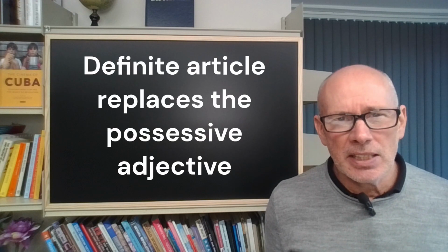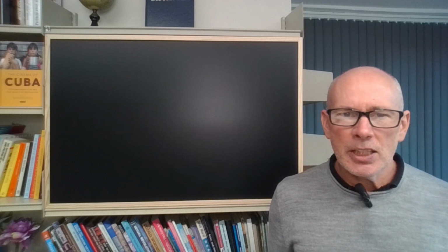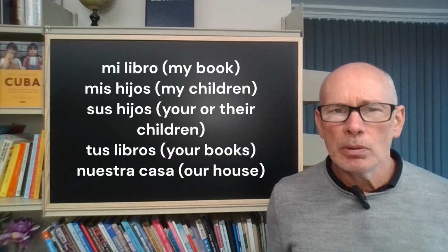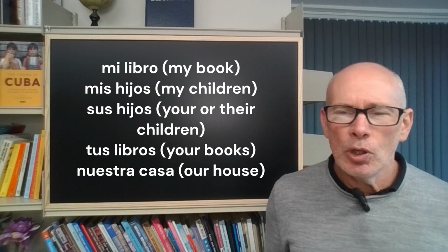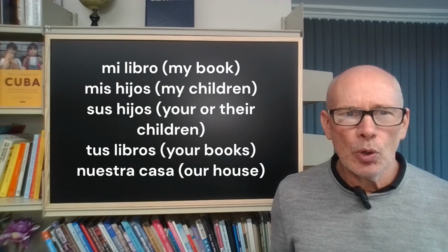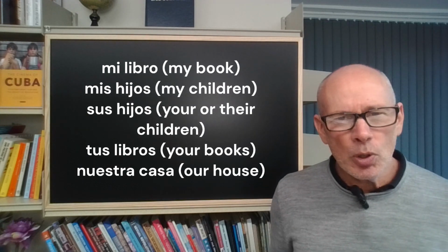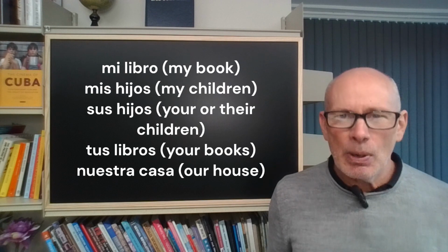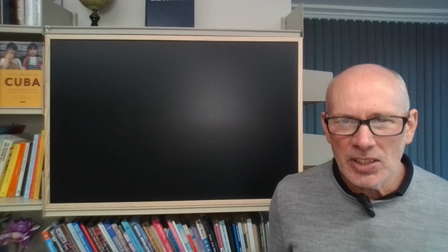Today, I want to look at why, in Spanish, the definite article is used sometimes instead of the possessive adjective. Let me explain. When we say in Spanish, mi libro, my book, or mis hijos, my children, or sus hijos, your or their children, tus libros, your books, nuestra casa, our house, then we are using the possessive adjective.